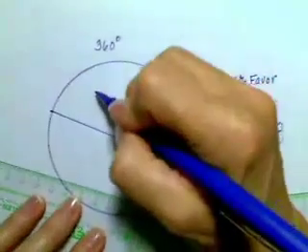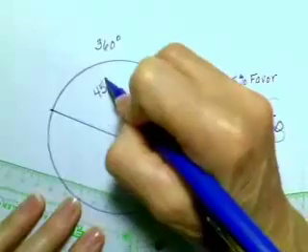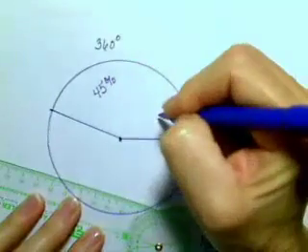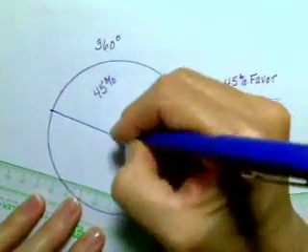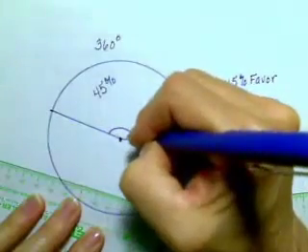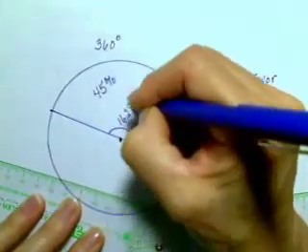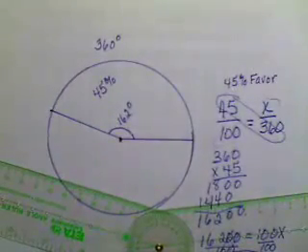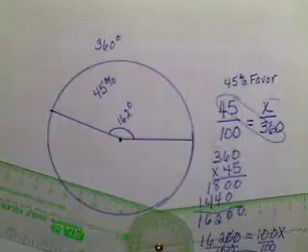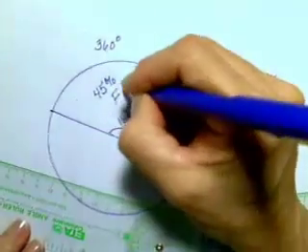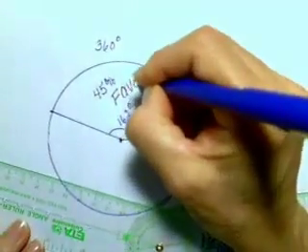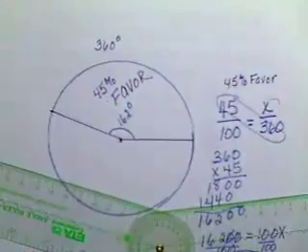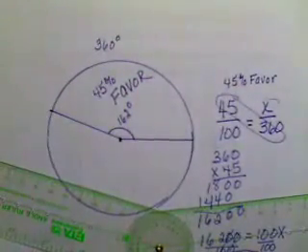This represents 45% of the circle, almost half, and this central angle is 162 degrees. We label those in favor.